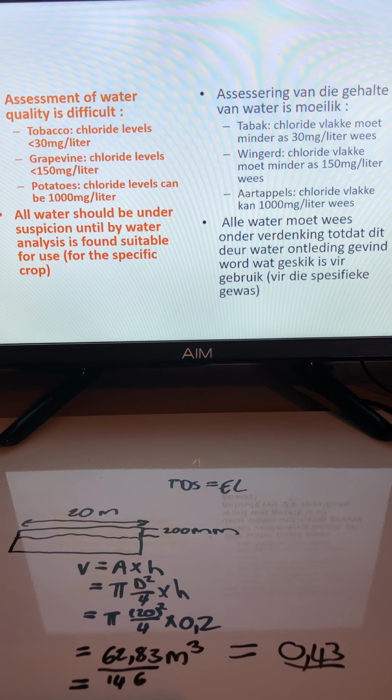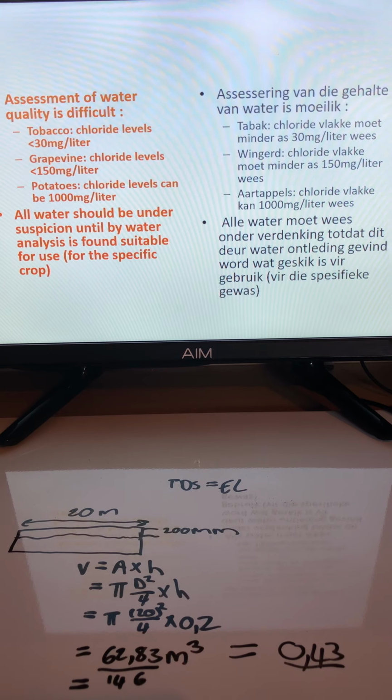And so back again to toxic substances as well. When you're doing an assessment of water quality and you want to know if it's toxic to certain crops or if it's going to be toxic to your soil, some crops can handle some substances and salts a lot better than other crops. So knowing your crop and whether or not your crop can handle the amount of salt is very important.